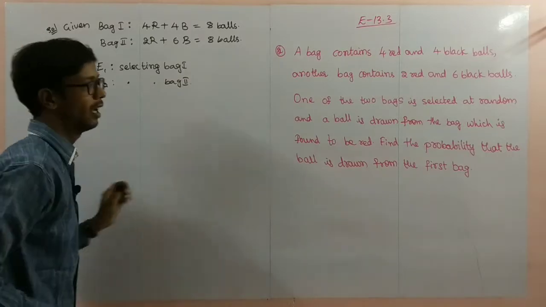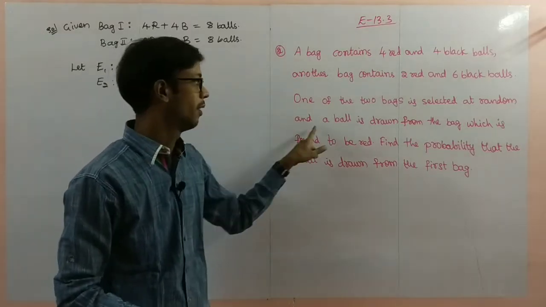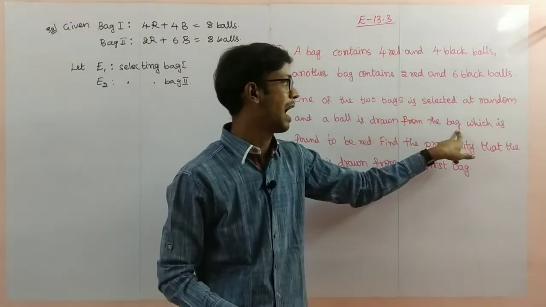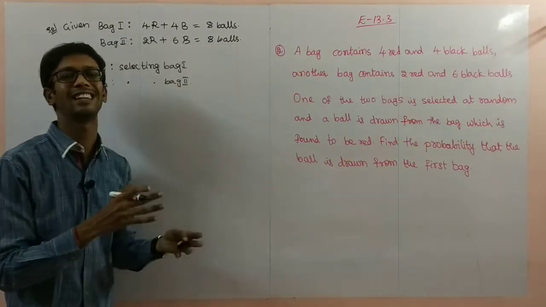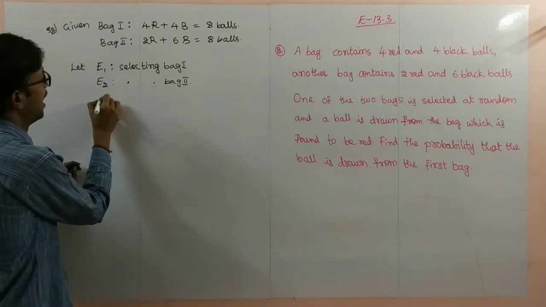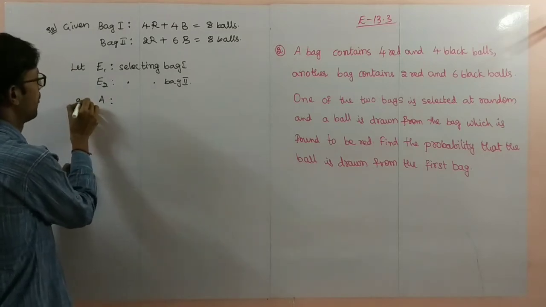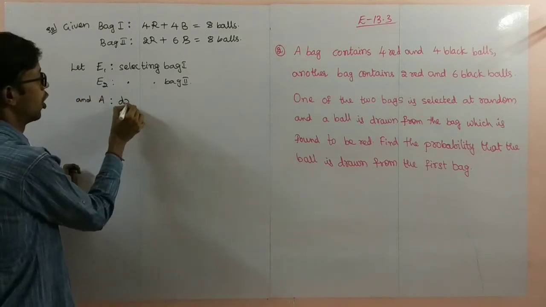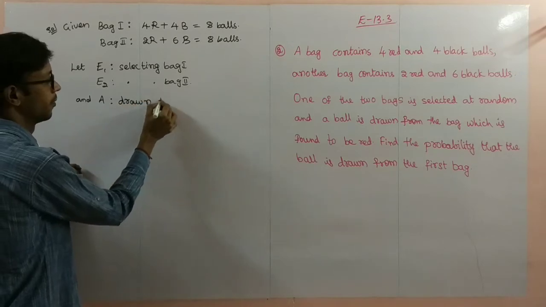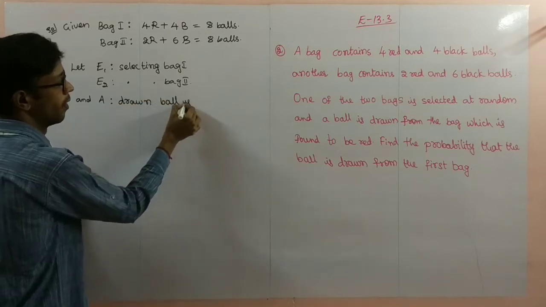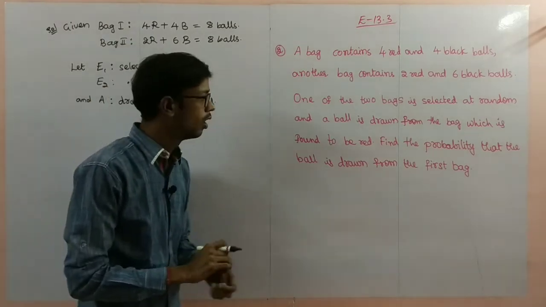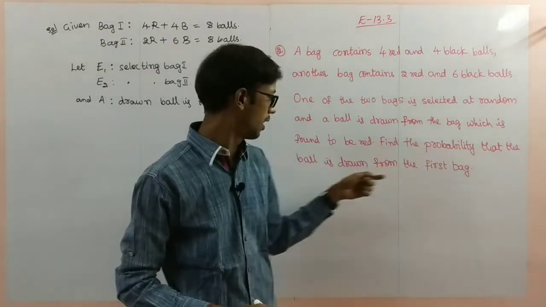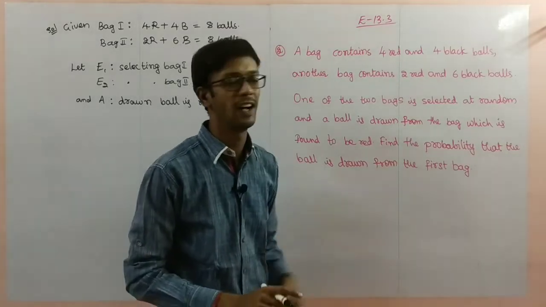Next, a ball is drawn from a bag which is found to be red. That means you have to select the red ball also. I am taking another event A: drawn ball is red color ball.